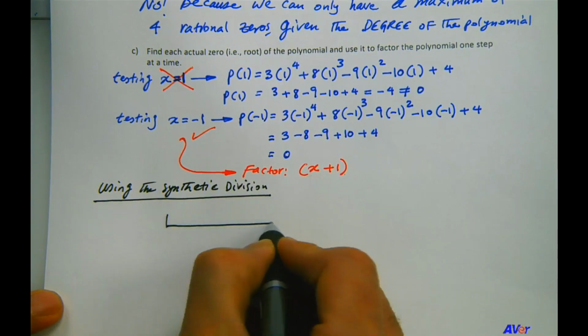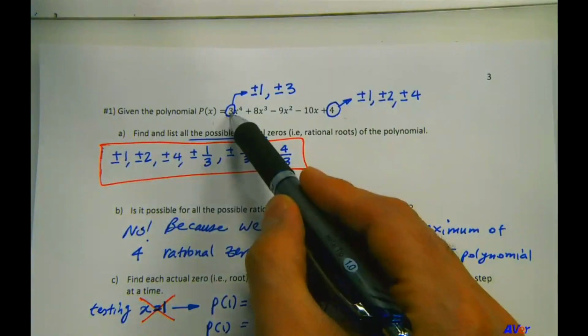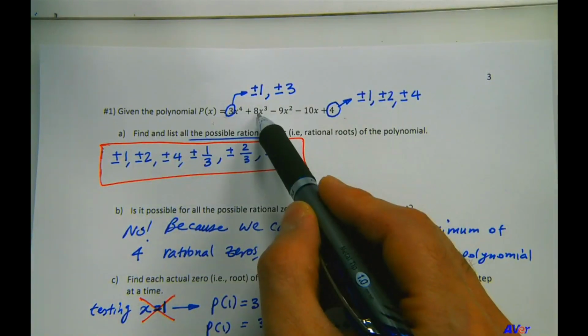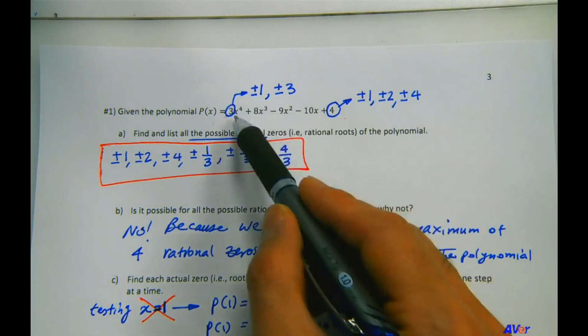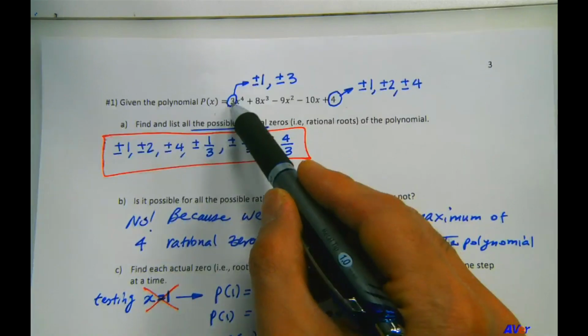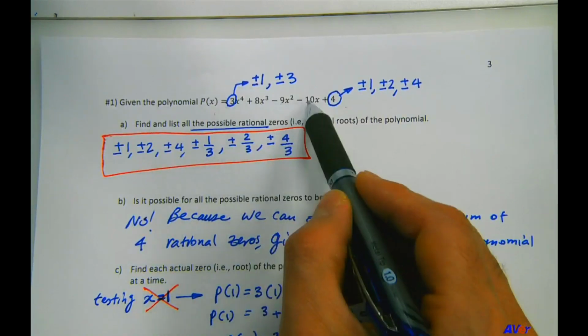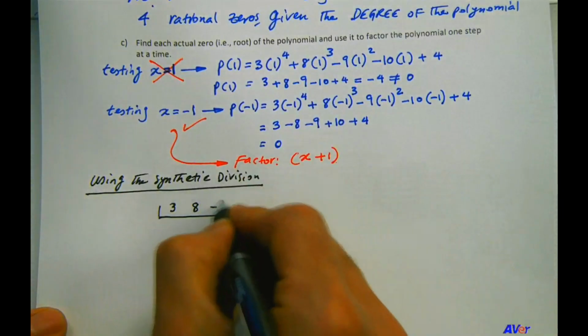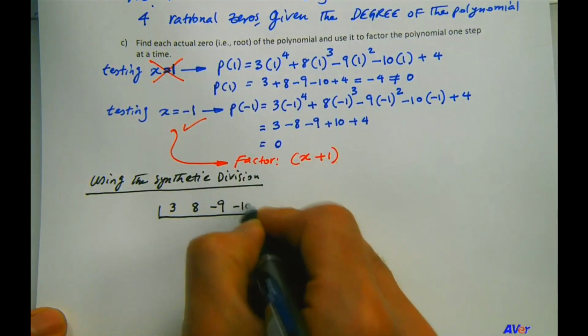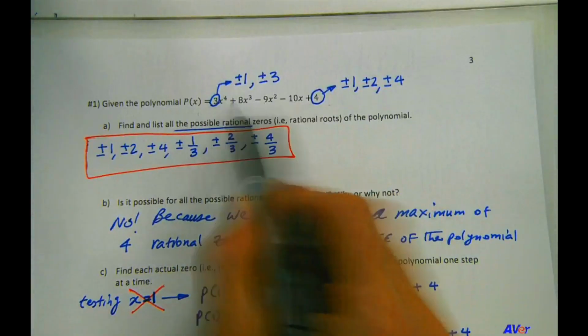So the coefficients will be 3, and we have all the variables, right? So there's nothing skipped. So I don't have to put 0 anywhere. So I'm going to write down 3, 8, negative 9, negative 10, and 4. Those are those coefficients with no gap.